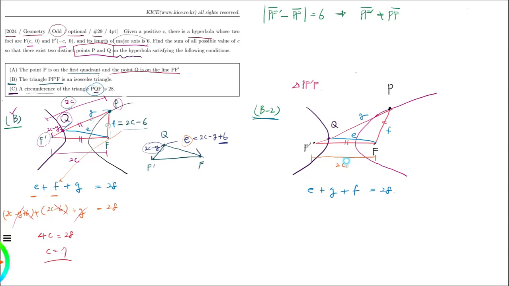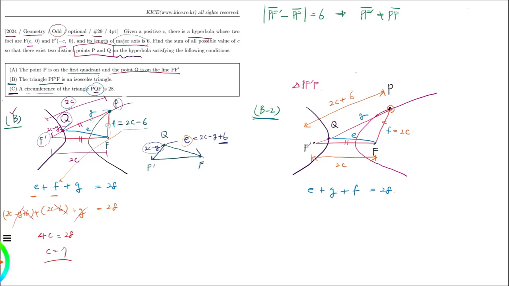The distance is 2c, and F should be 2c because it's an isosceles triangle here. And then you can do the same thing for the point P, which is on the hyperbola. This is the longer one, so this should be 2c plus 6.